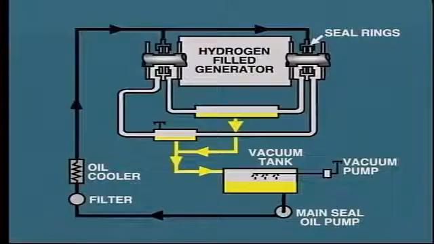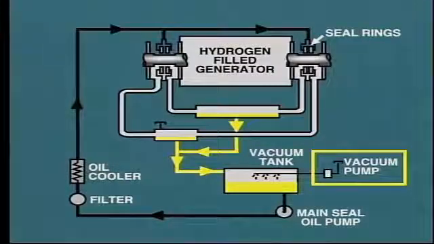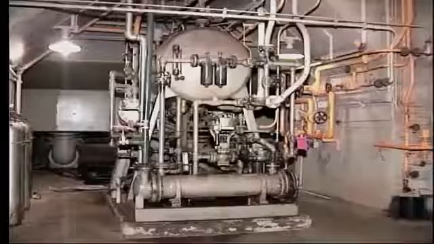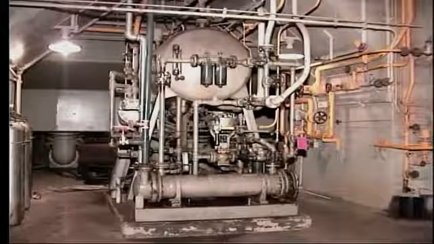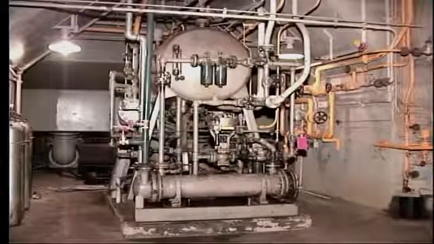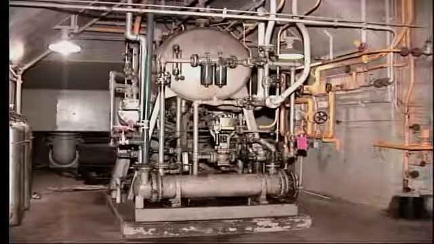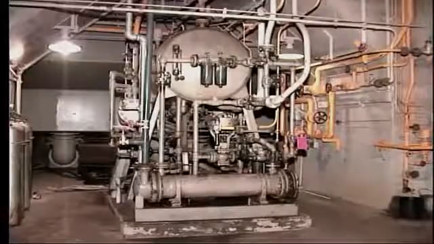Any hydrogen that may have been absorbed by the oil is drawn off by a vacuum pump, which forms part of the seal oil unit. This small amount of hydrogen leakage is then discharged to atmosphere. The seal oil pumping system is a very important part of the generator operation. It must be placed in operation before the generator starts to rotate on turning gear and then maintained in service at all times.